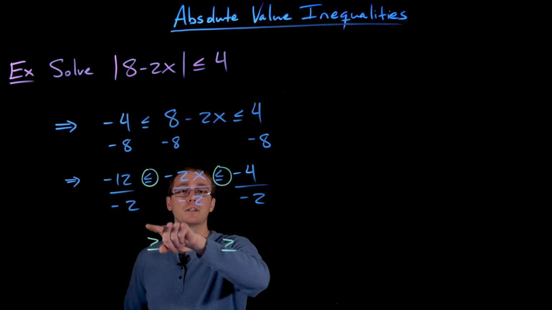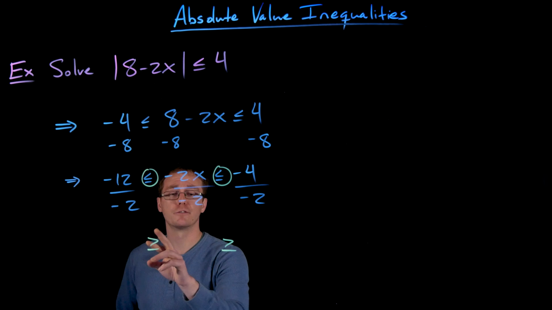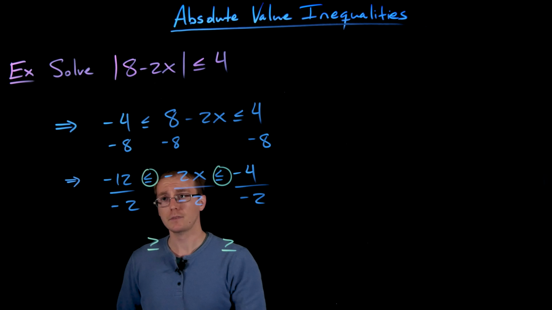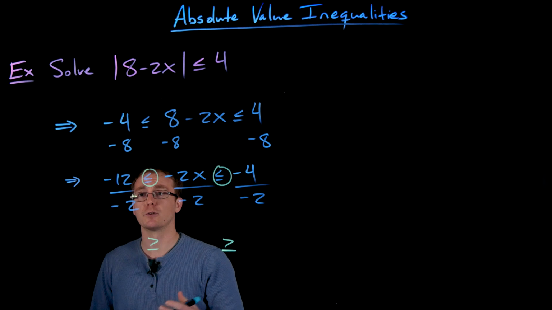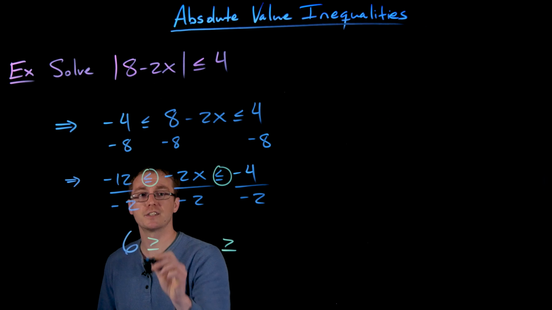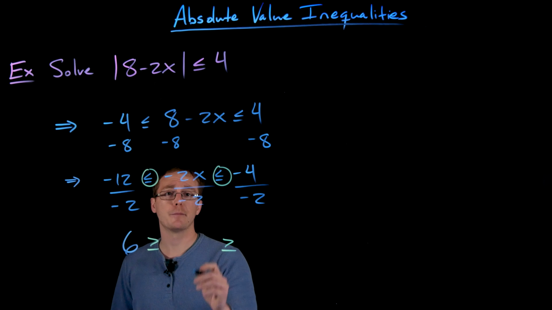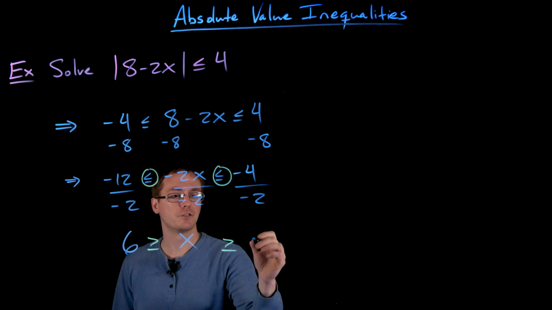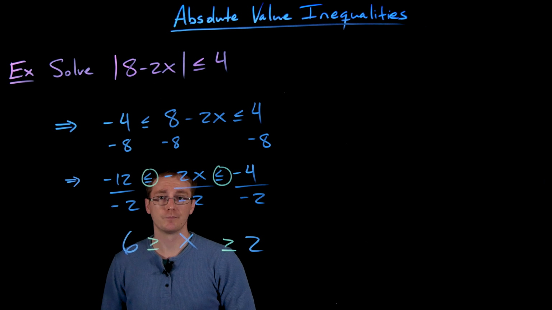So our less than or equal to inequality signs have to reverse to become greater than or equal to inequality signs. All right, so now the rest is just simple arithmetic. Negative 12 divided by negative 2 is positive 6. Negative 2x divided by negative 2 is just x. And negative 4 divided by negative 2 is positive 2.